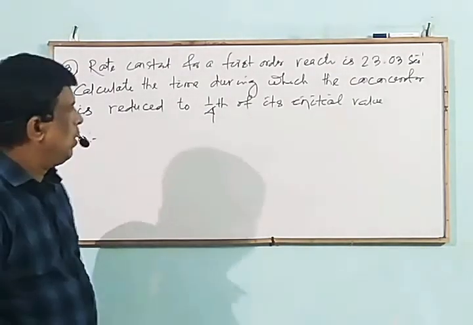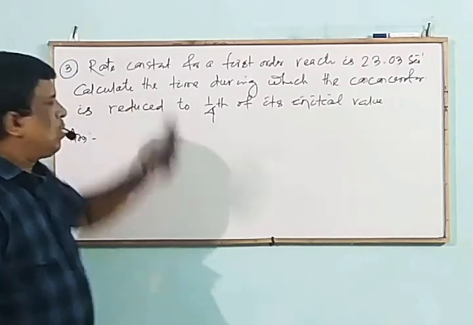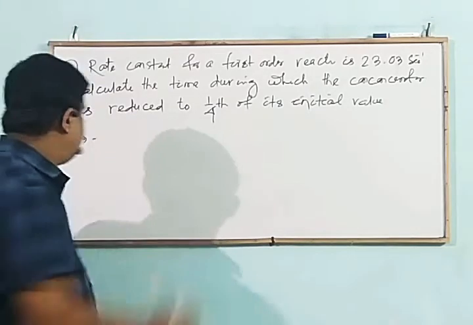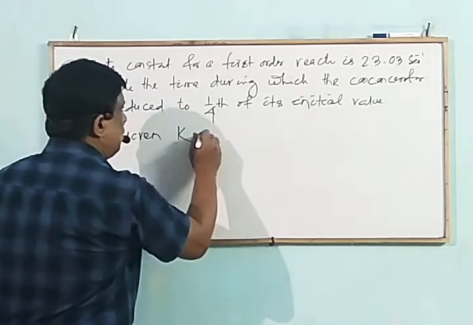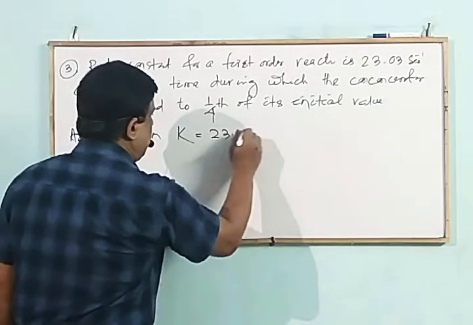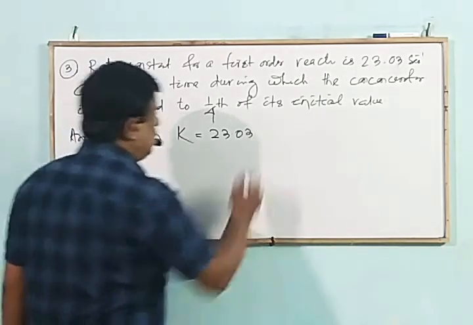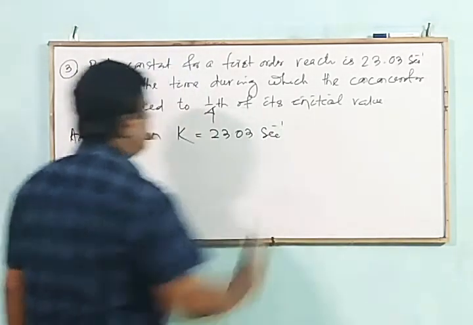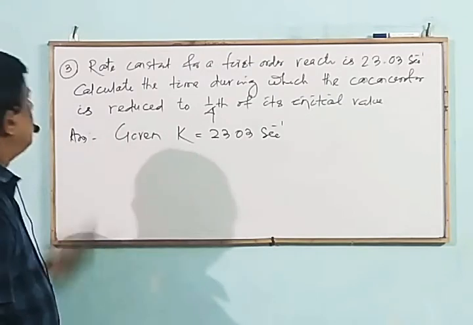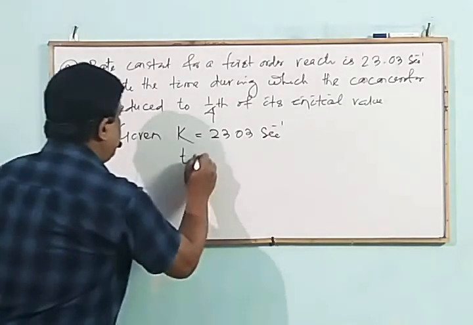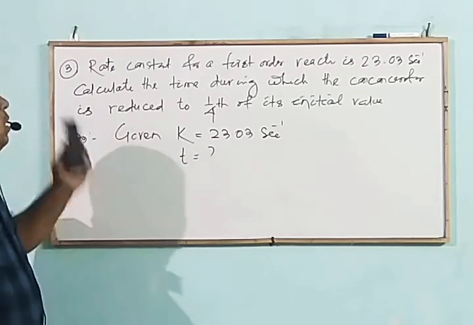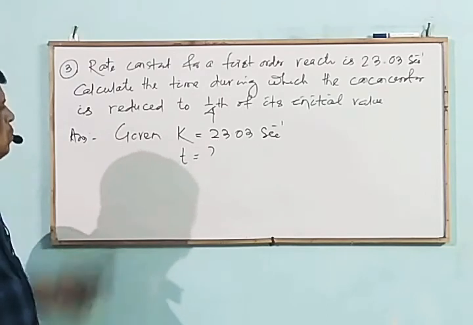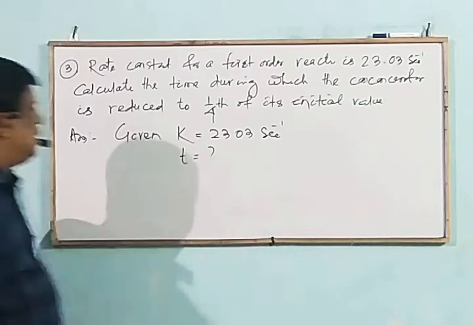Answer. What are the data given? Data given: rate constant, that is K, is equal to 23.03 second inverse. Then the question is to calculate time T. T is the question mark, as a result of which the concentration is reduced to 1 by 4 of its initial.